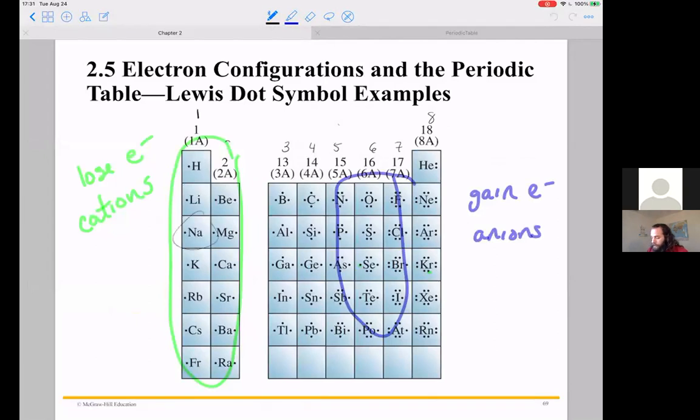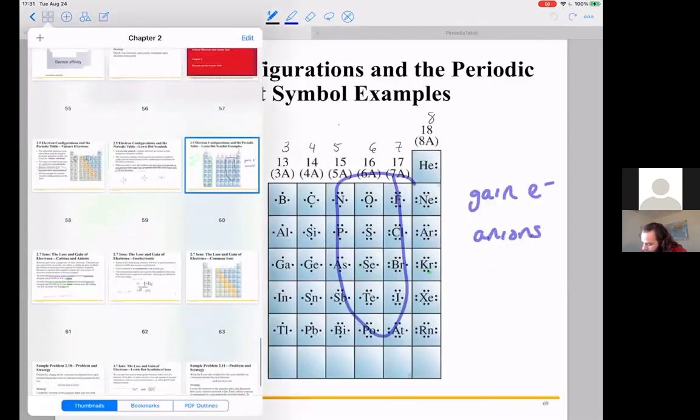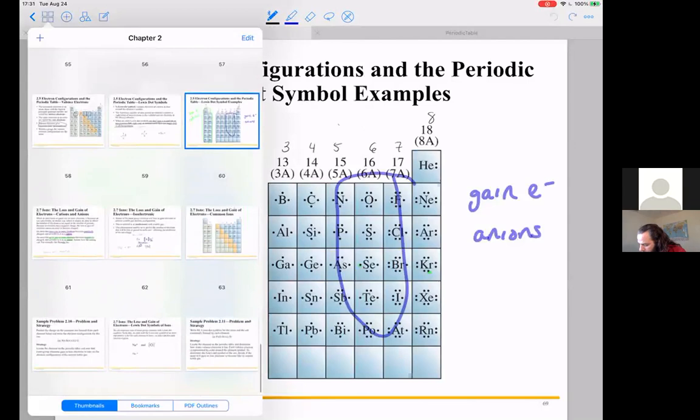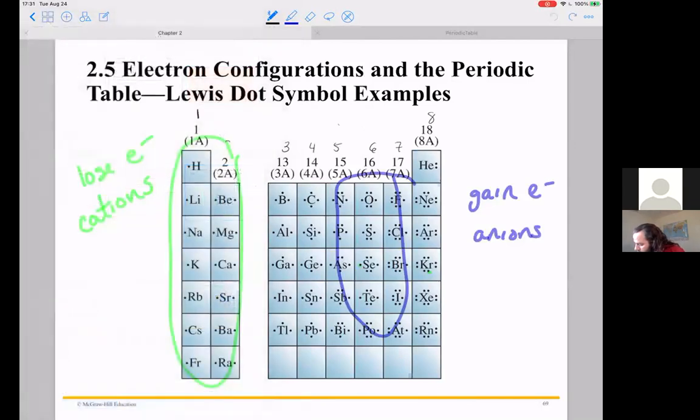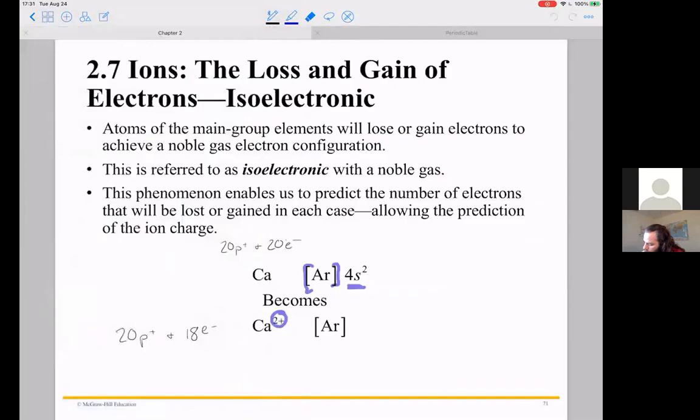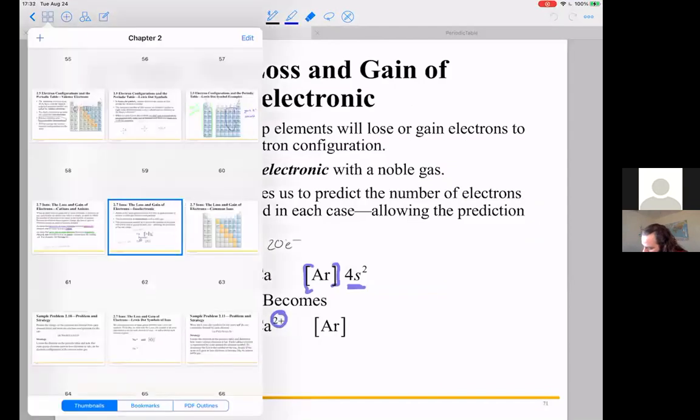Sodium has that 1 dot. Chlorine, because of where it is on the periodic table, is right here. So it should have 7 dots. Oh, that's the wrong slide, sorry.